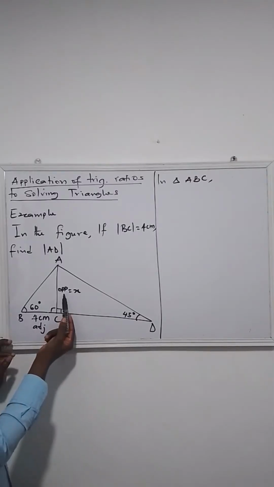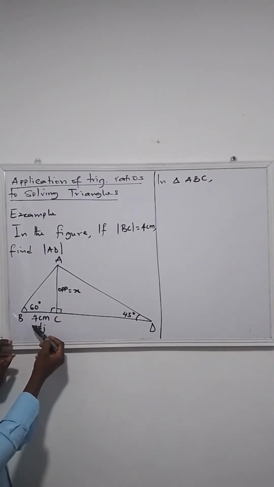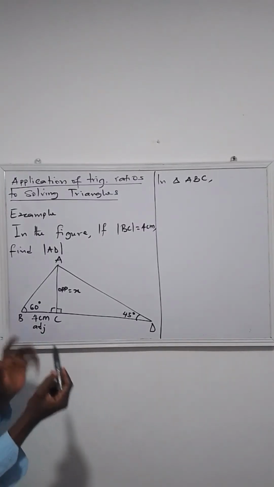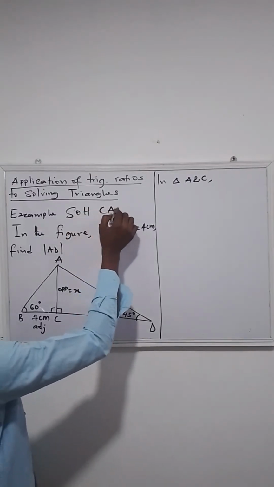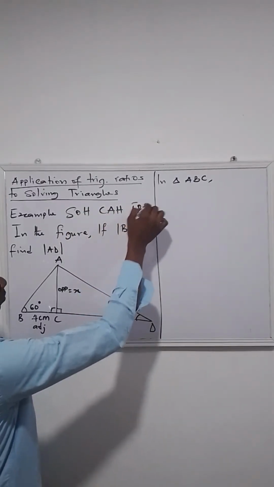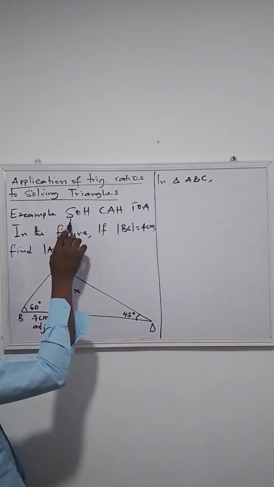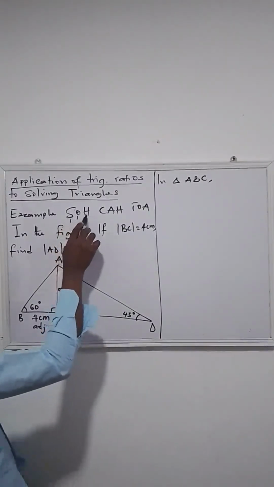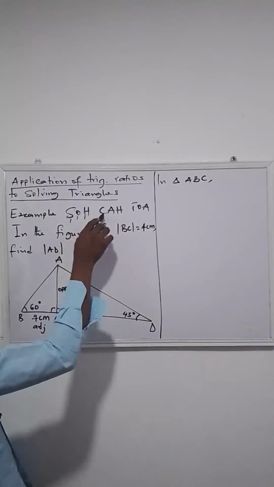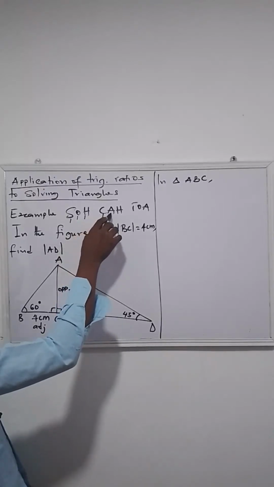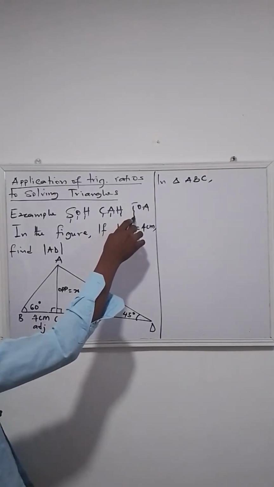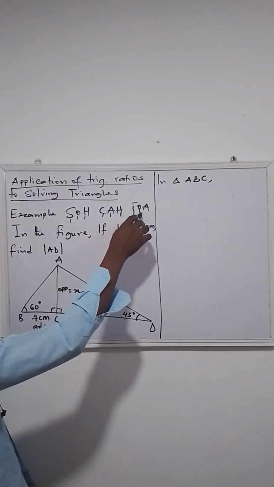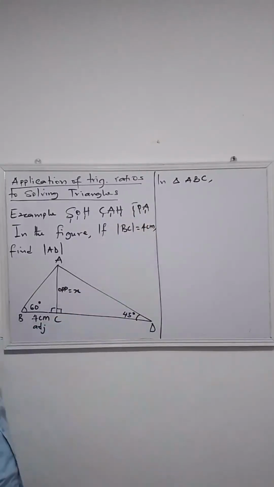This place is unknown, while this place is known. Now I'll quickly write out my SOHCAHTOA. S is sine, O is opposite, H is hypotenuse, C is cos, A is adjacent, H is hypotenuse, T is tan, O opposite, A adjacent.